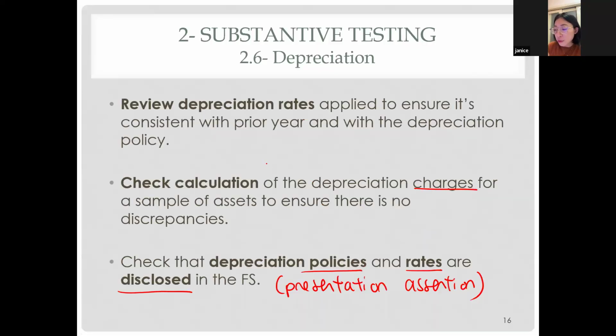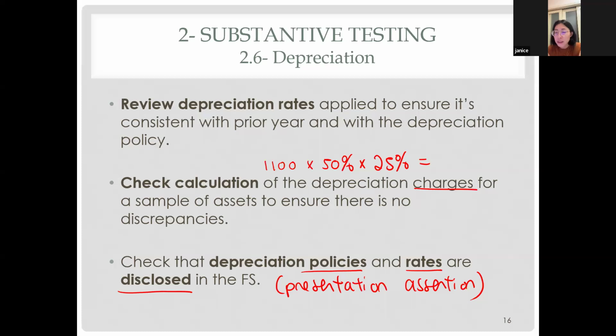For example, if the computer is $1,100, we bought it, I forgot, we bought it for 6 months. So multiply by 50%, and each year we depreciate for, I don't know, in 4 years, so 25% each year.